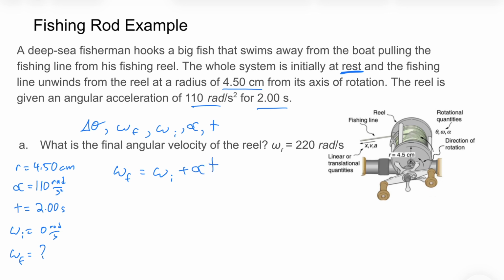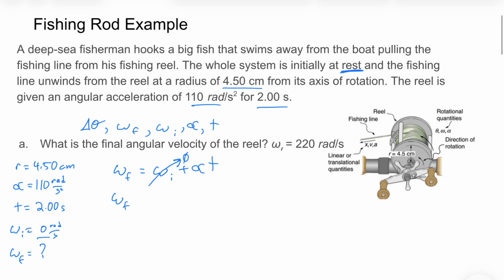Since this equation is already solved for final angular velocity, we don't need to manipulate it at all. But let's get rid of any terms that we know to be zero, which is our initial angular velocity. So this just says that our final angular velocity will equal our angular acceleration times time.